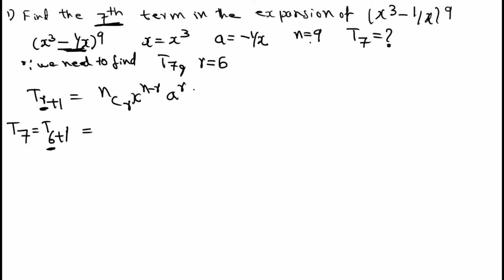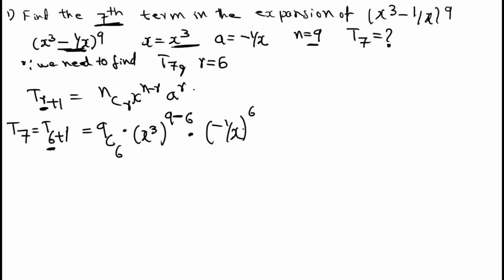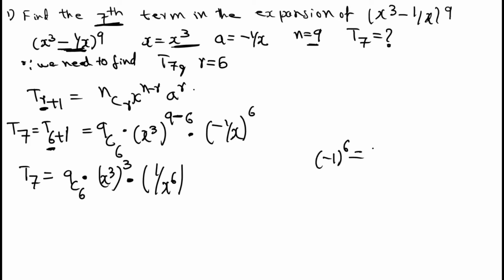Substitute n value: the index is 9. In C, r is 6, so 9C6 into x, which here is x³, to the power n−r, that is 9−6 = 3, into a, which is −1/x, to the power r, and r = 6. Now T7 = 9C6 · (x³)^3 · (−1/x)^6, and (−1/x)^6 is 1/x^6. Why? Because (−1)^6 equals +1.